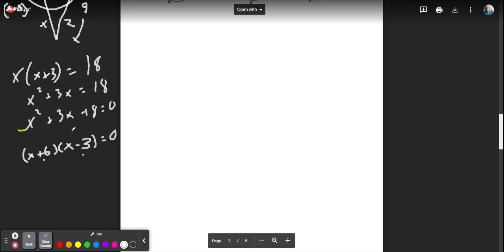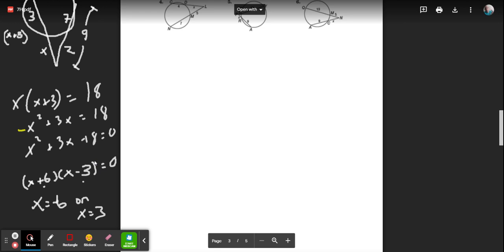So when we do this factoring out, we end up with x equals negative 6 or x equals positive 3. Now in geometry, this is where we have to look at our solutions. Negative 6 or positive 3 are our two solutions.